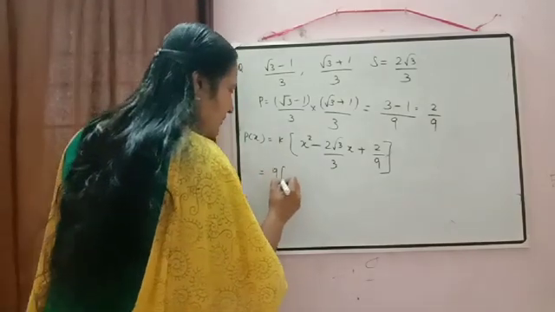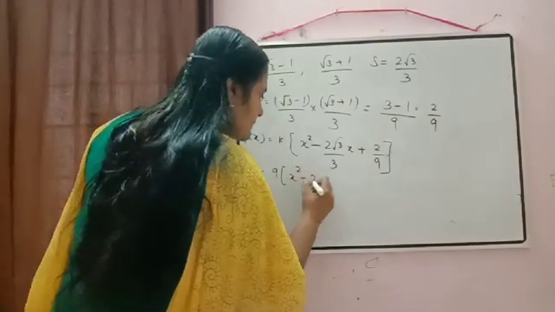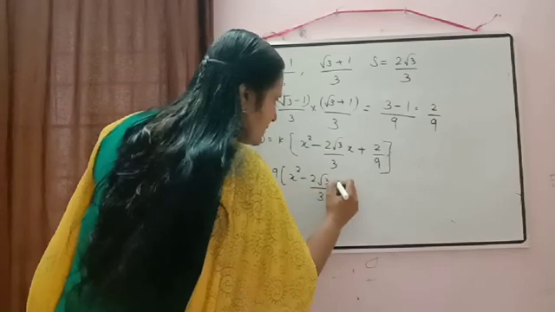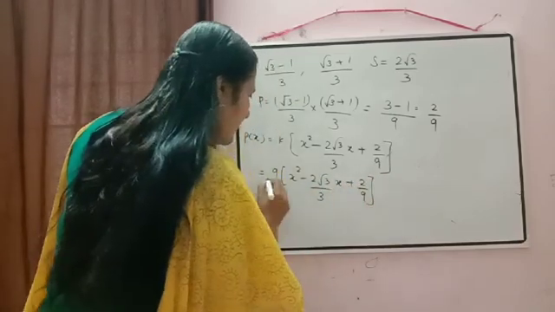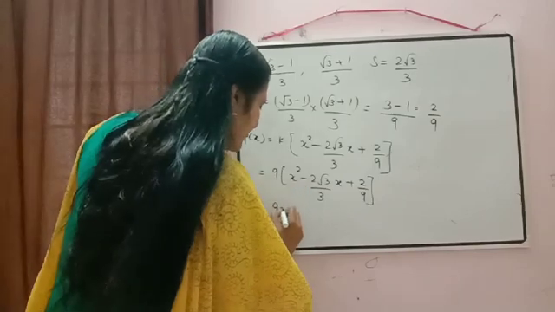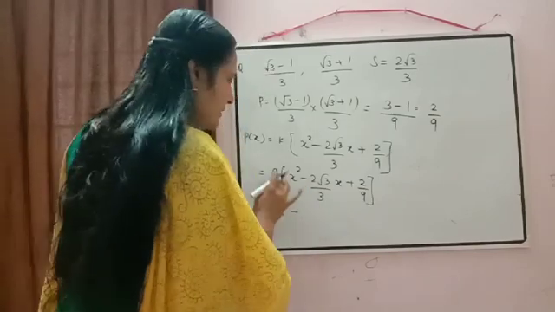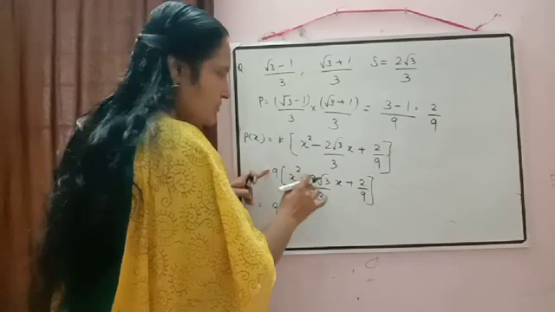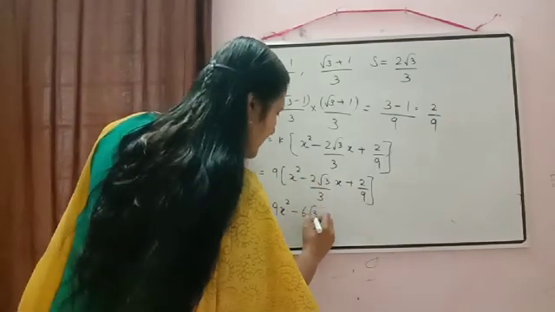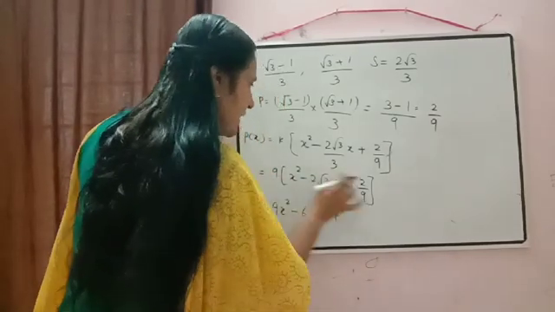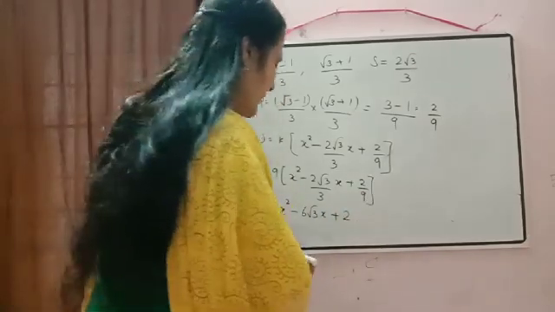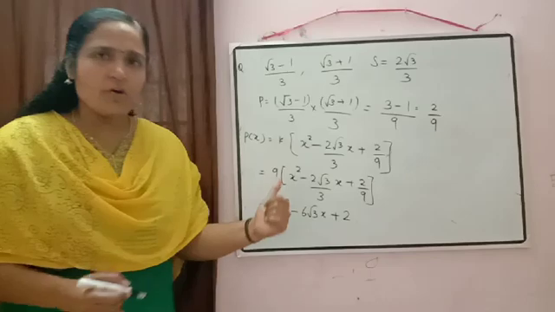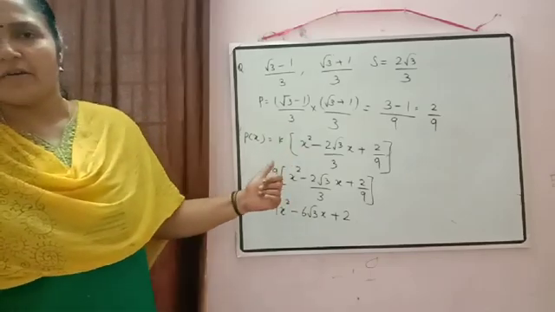So it will be equal to 9 into x square minus 2 root 3 by 3 into x plus 2 by 9. Multiply 9 inside, then we will get 9x square minus, 3 1s are 3, 3 3s are 9, so 3 2s are 6, minus 6 root 3x plus 9 into 2 by 9. 9 and 9 will get cancelled, then we will get plus 2. So I hope these types of questions are clear to you.